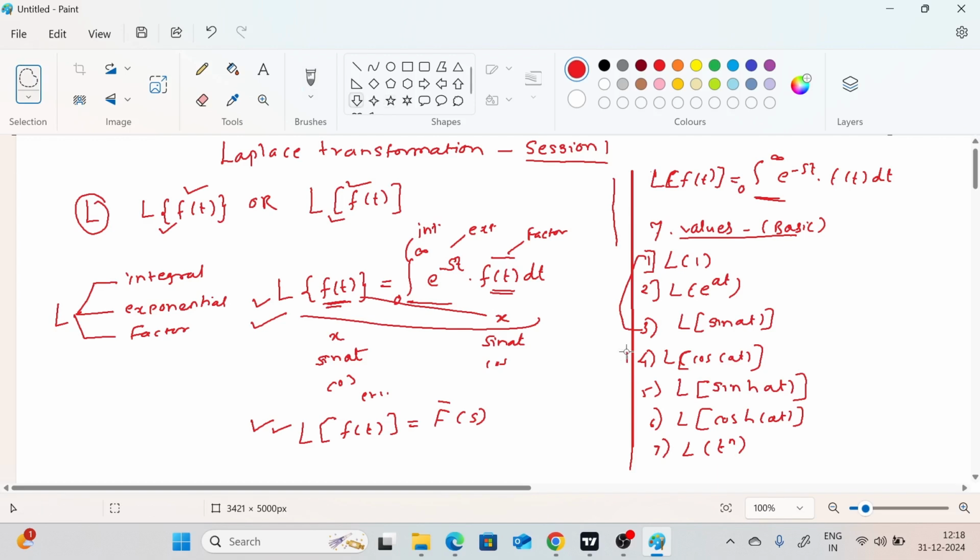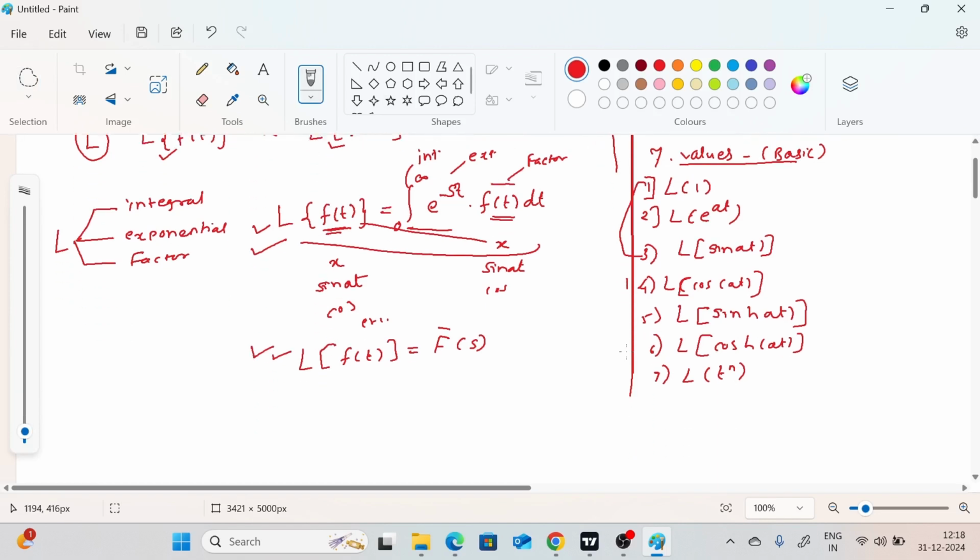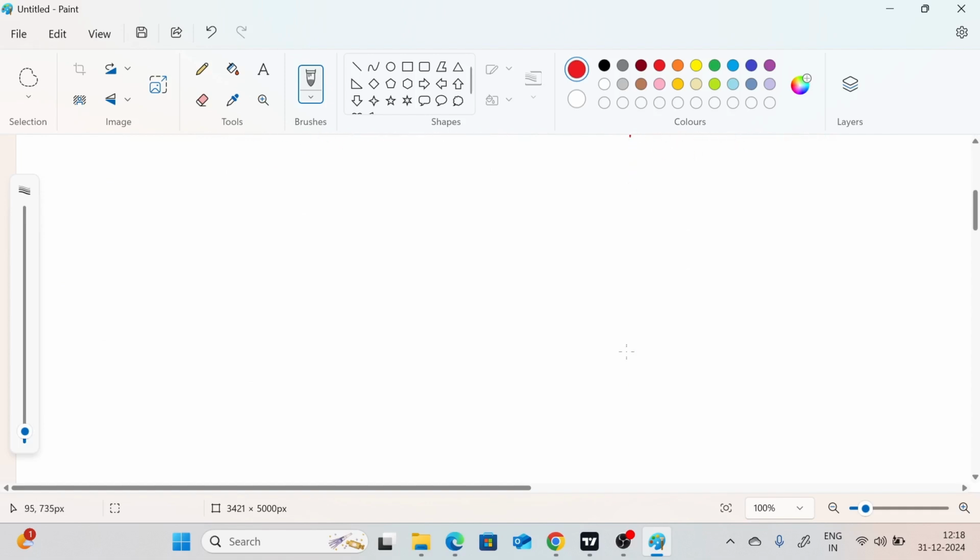But we will completely focus today on the first three formulas. First, Laplace of 1. What is the value of Laplace of one?